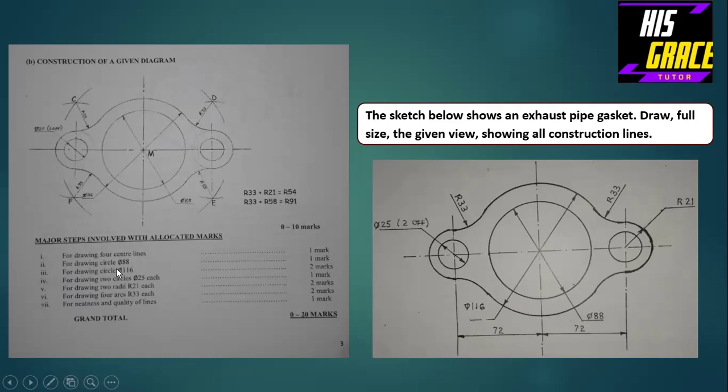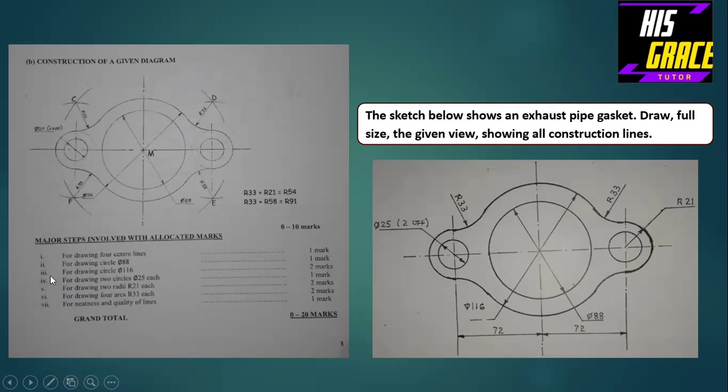Then for drawing circle diameter 88, that is this small circle here. Its diameter is 88, as you can see in the given drawing. For drawing that, 1 mark is awarded. And then for drawing circle diameter 116 millimeters, which is the big circle, 2 marks are awarded.